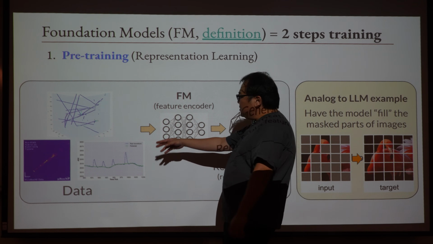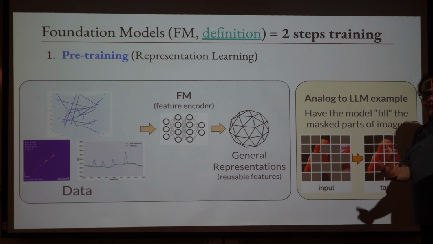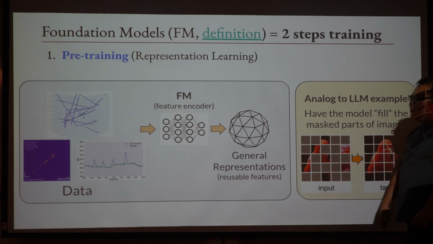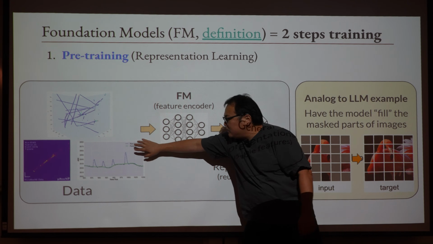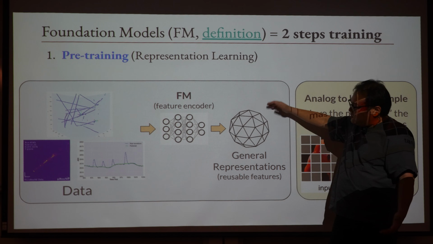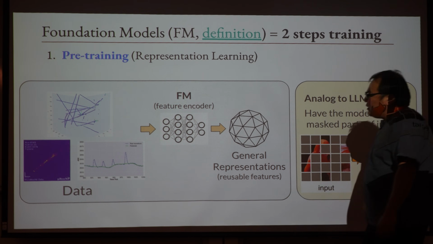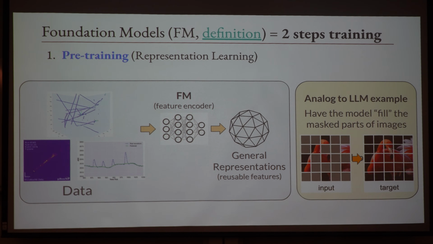You get a bunch of images, and then you formulate a task like mask-based self-supervision, and then that foundation model learns to map your data set to some high-level latent space representation that extracts useful, general, reusable information from your data. You can do the same thing as the LLM, so mask-based self-supervision.